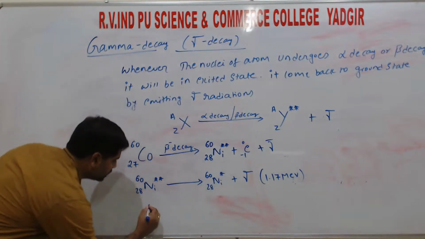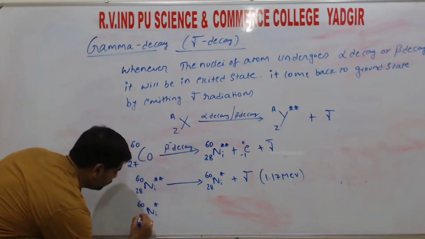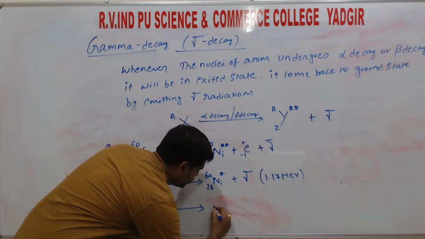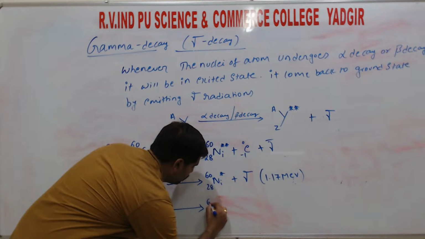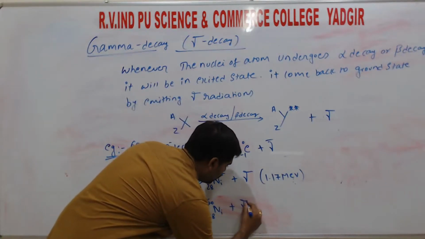Again, next it comes to ground state Ni 60, 28, plus gamma radiation.